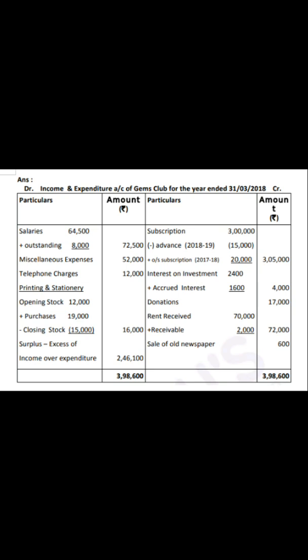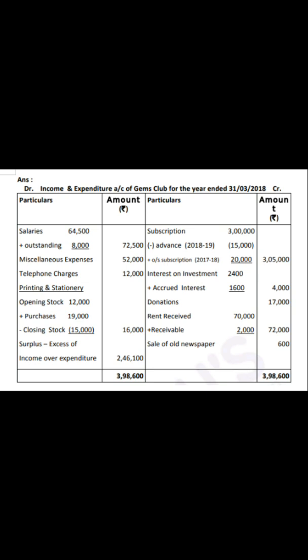This advance we have to subtract from the above subscription, and in that we have to add the outstanding subscription for the year 2017-18, that is 20,000, which is again given in our additional information. After calculating these, we got 3,05,000.